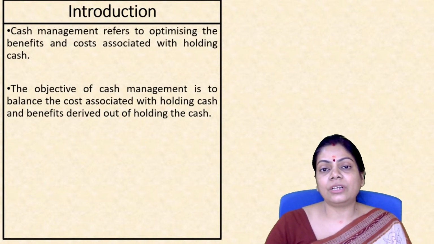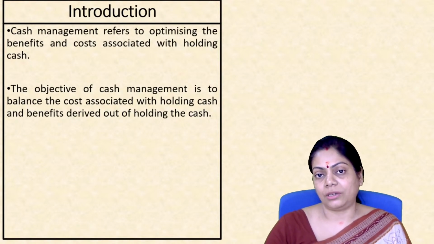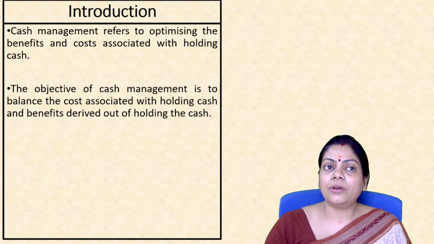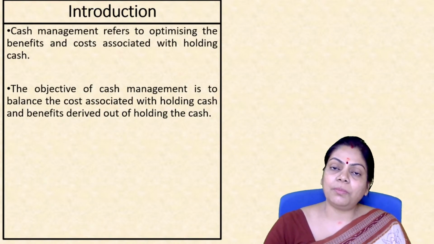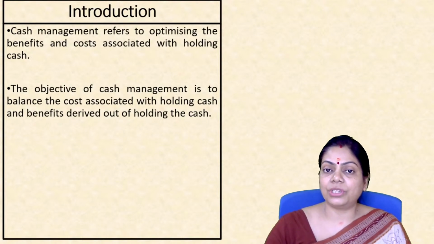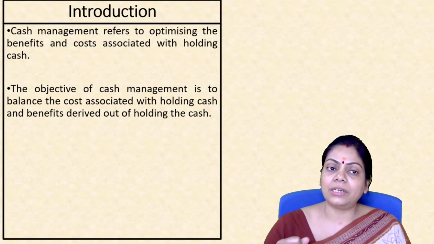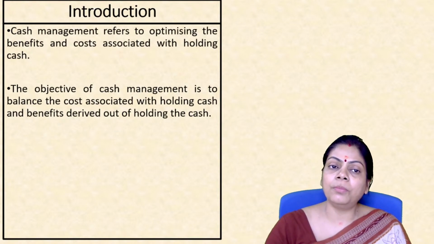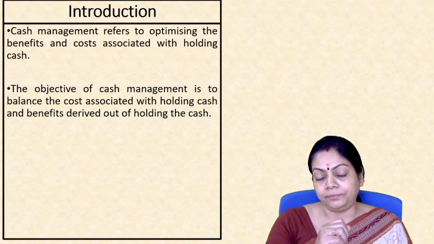But if a manager is conservative, he would like to operate with a higher level of cash. There has to be a balance between the highest and the lowest level. We have to strike the right chord and go for the optimum level of cash balance.